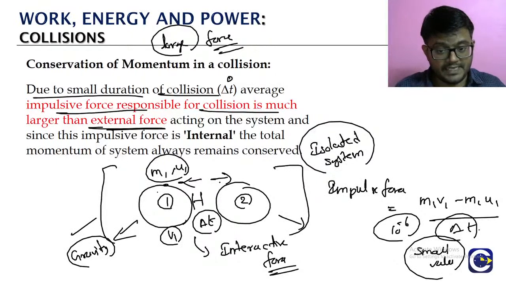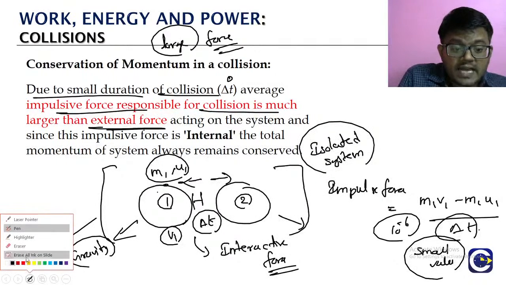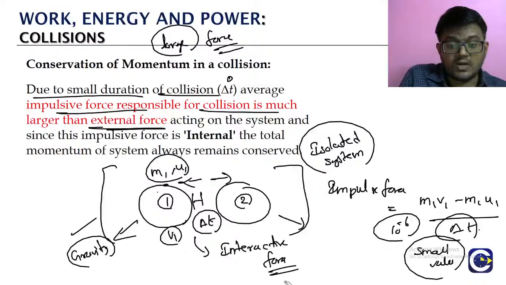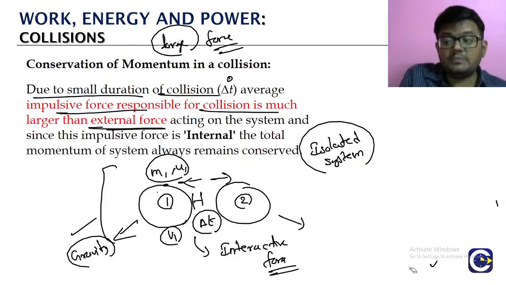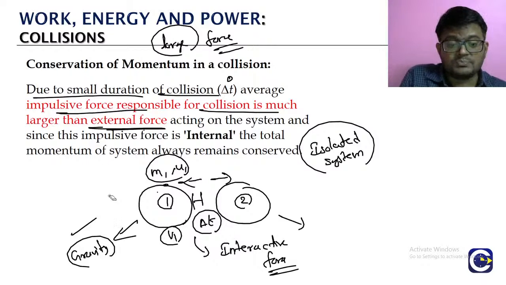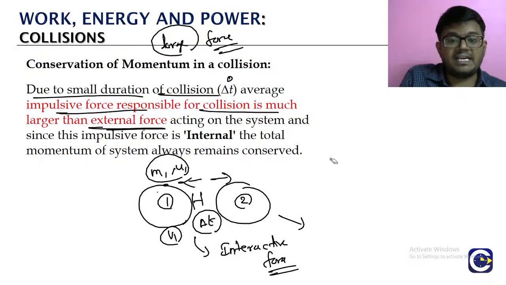There will be an action-reaction pair. So this impulsive force is because of the interaction between the objects which are undergoing the collision. Which means it's an internal force, not an external force.